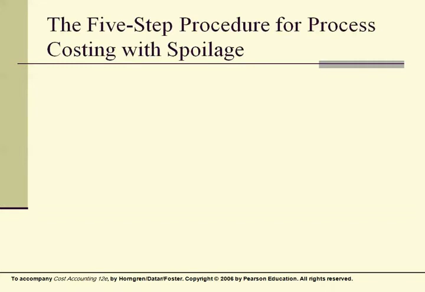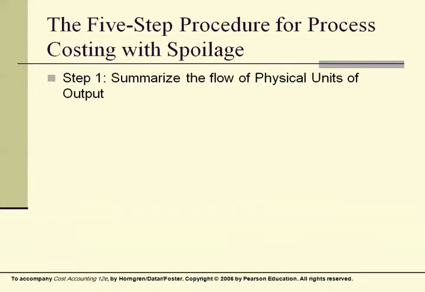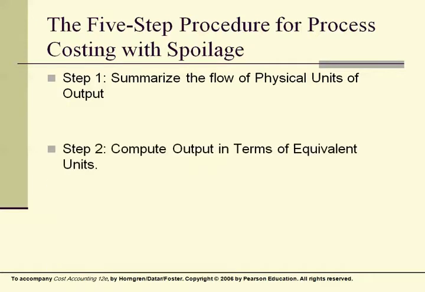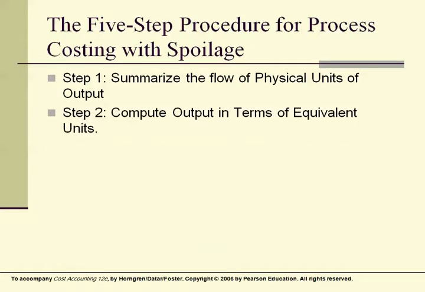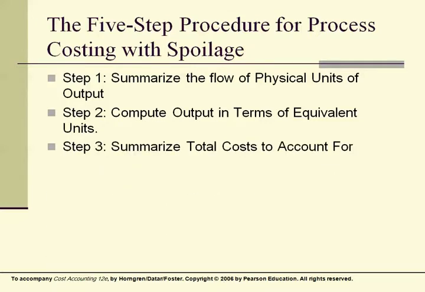The 5-step procedures for process costing with spoilage. Step 1. Summarize the flow of physical units of output. Step 2. Compute output in terms of equivalent units. Step 3.